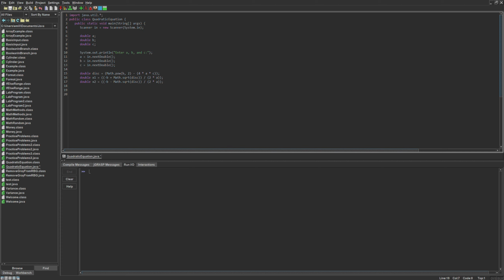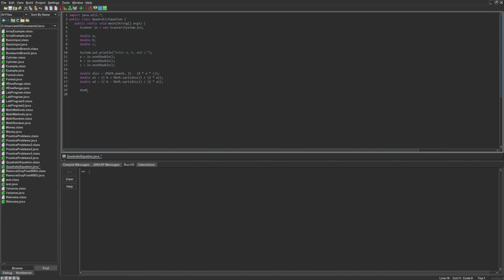So this works if the discriminant is either positive or equal to 0, but if the discriminant is negative, we're not going to get an answer for our roots because Java will tell us that it's not a real number. So what we can do is take the absolute value of the discriminant and then just append the letter i next to the number that it gives us for our imaginary numbers.